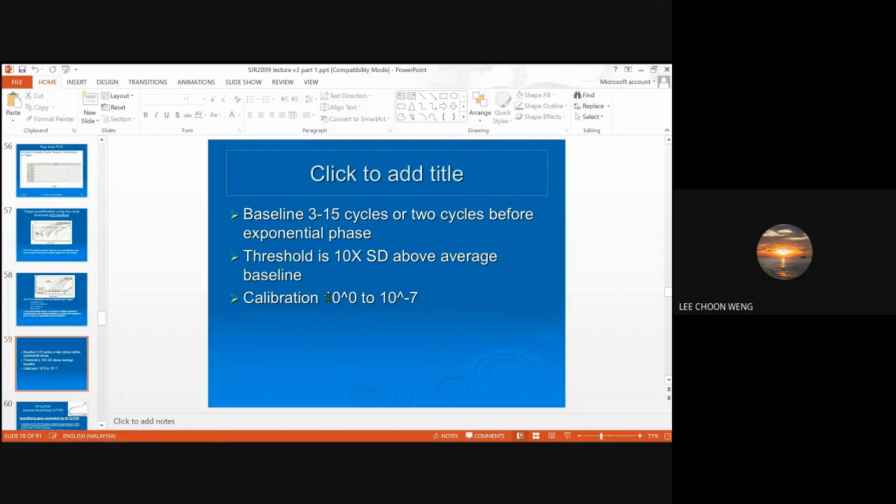So from there, you can quantify the number of copies of genes that you have in the original template.